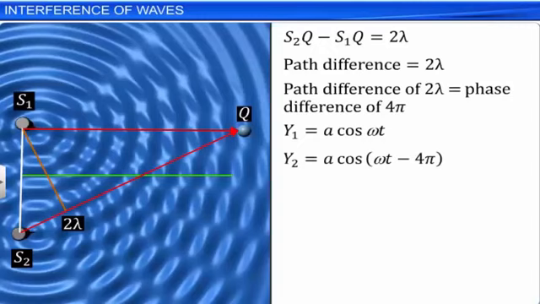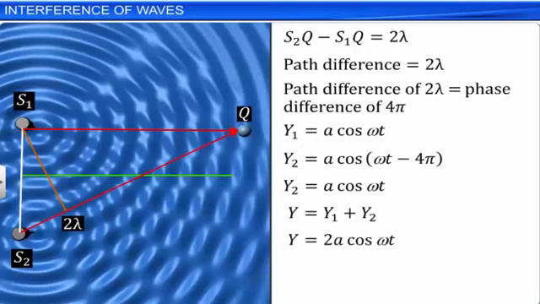But this is again equal to a cos omega t. The resultant displacement at Q, y, is equal to y1 plus y2. On substituting the values of y1 and y2, we get y equals 2a cos omega t. And the intensity will be again equal to 4I0.